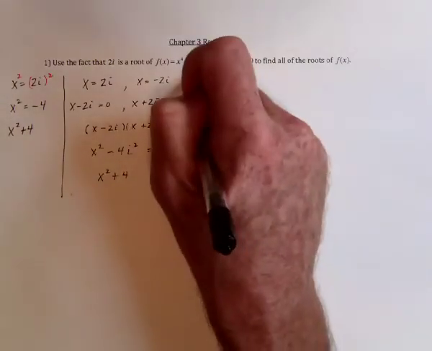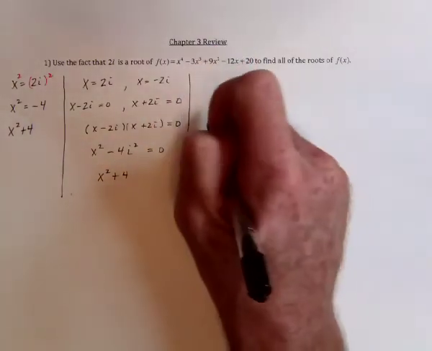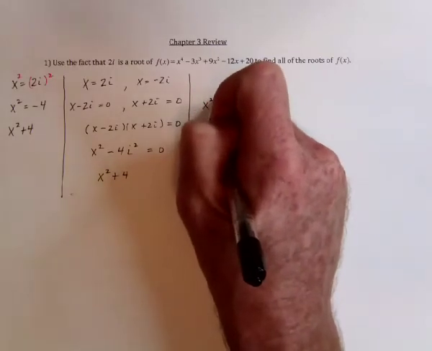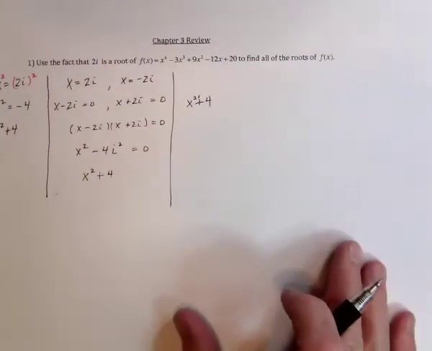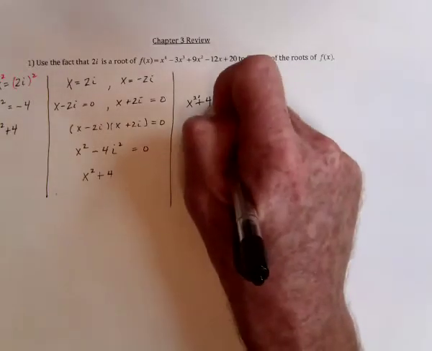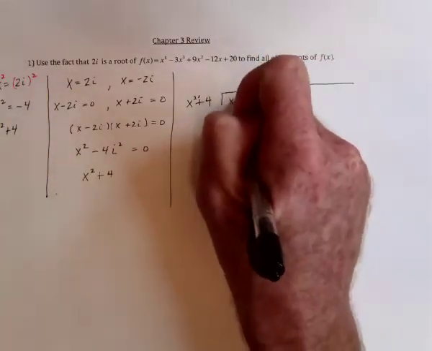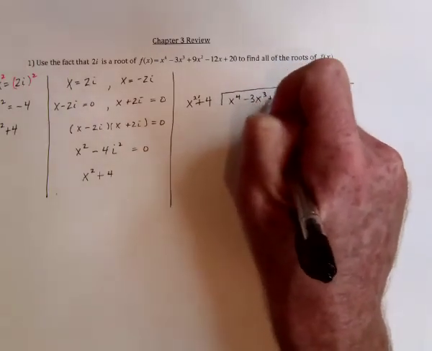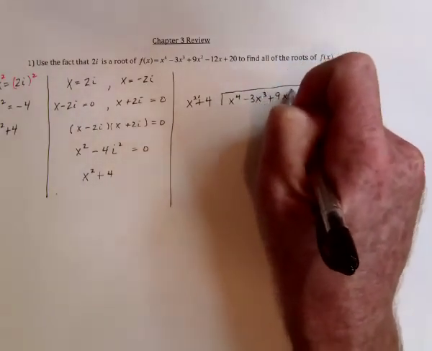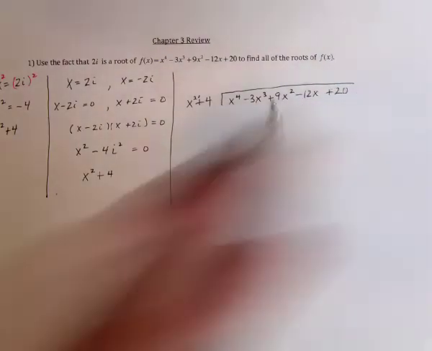Then, if it has to be a factor of that polynomial, we can use long division to divide x squared plus 4 into this fourth degree polynomial, x to the 4th minus 3x to the 3rd plus 9x squared minus 12x plus 20.